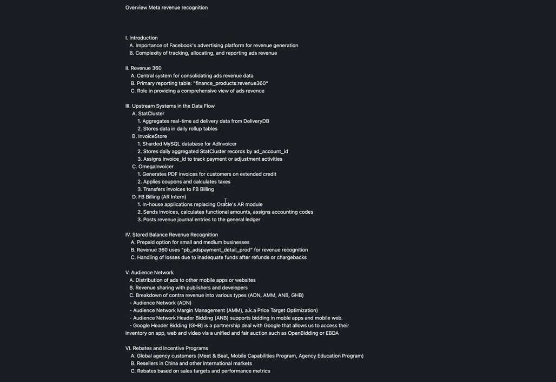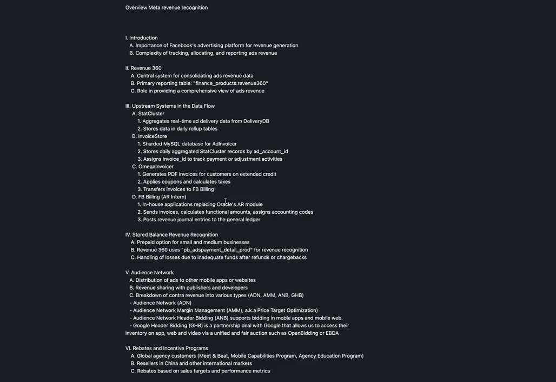The other thing is the invoice store. Its primary work is to store invoices, and it stores invoices based on the ad account ID. This enables us to fairly quickly get the invoice that we need for that particular person. And then we have the invoicer.